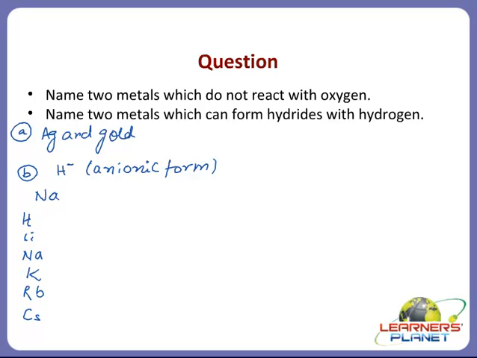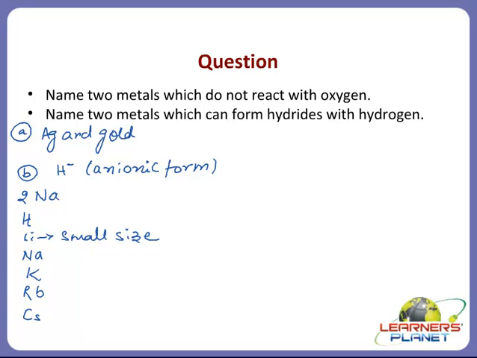Right children? So here what happens is that your lithium is very small in size, so it cannot give electron to hydrogen. Just remember that. Lithium is very small in size, so it cannot give its electron easily to hydrogen. Whereas sodium can give electron to hydrogen.